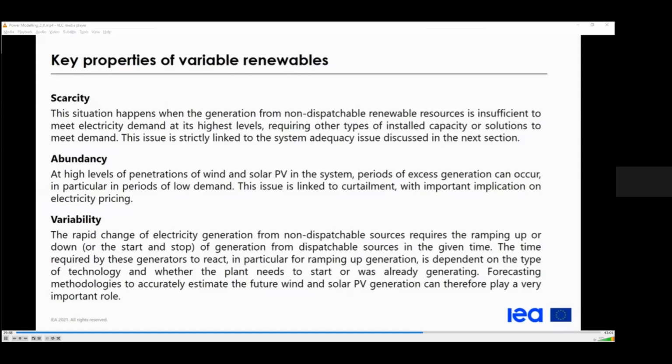Then the third category, variability, is really the extent and the speed of the change of the outputs. For instance, the speed at which solar PV ramps up for the noon peak and ramps down when the evenings come, that needs to be compensated by other means of production.